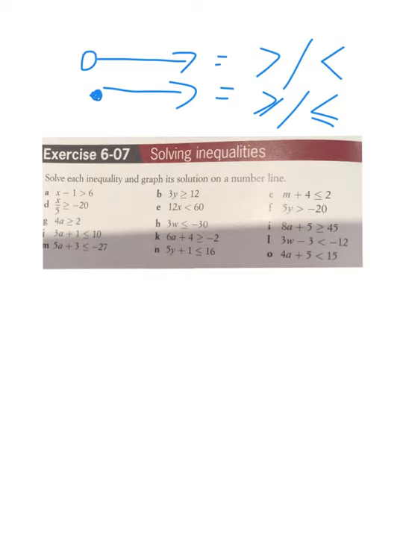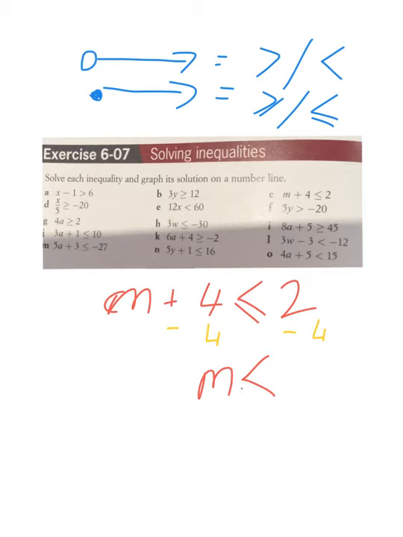Okay, let's look at C. We've got m plus 4 is less than or equal to 2. Now there's a trick here. I'm going to show you in a minute. I'm going to take away 4, take away 4. Okay, that means that m is less than or equal to negative 2. Now, what's going to happen here?